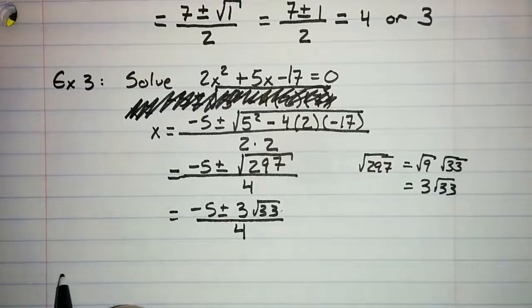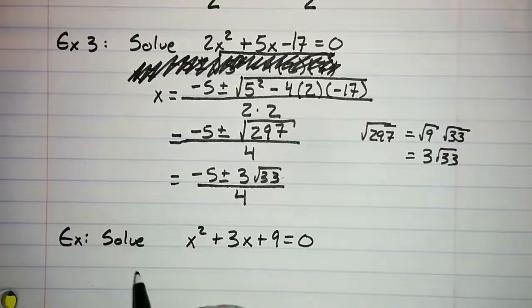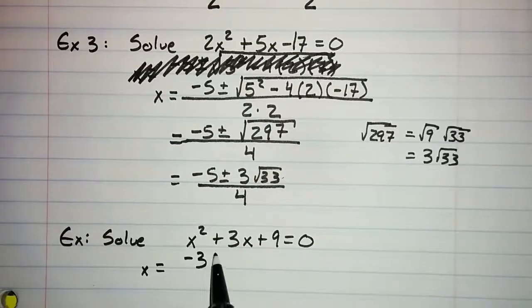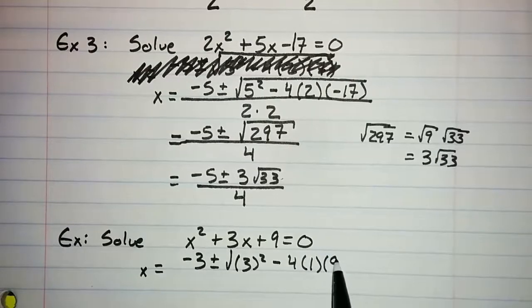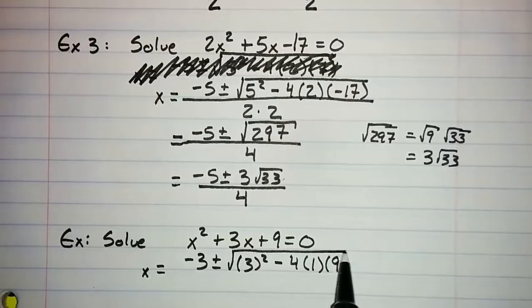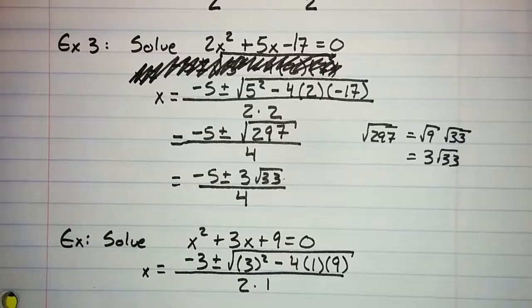The last thing that can happen is, well, if I go to solve this equation, I get x equals negative 3 plus or minus the square root 3 squared minus 4 times 1 times 9 over 2 times 1.